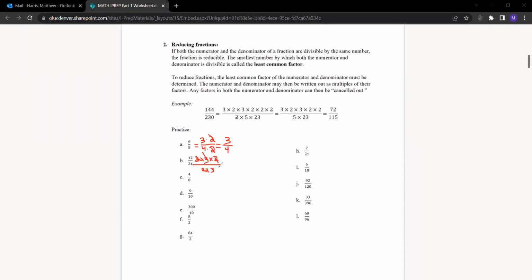When we multiply that out, we get 3 times 2 over 5 times 2. Cancel those out. You get 3 over 5. So 300 divided by 10. 30 times 10 is 300 over 10.